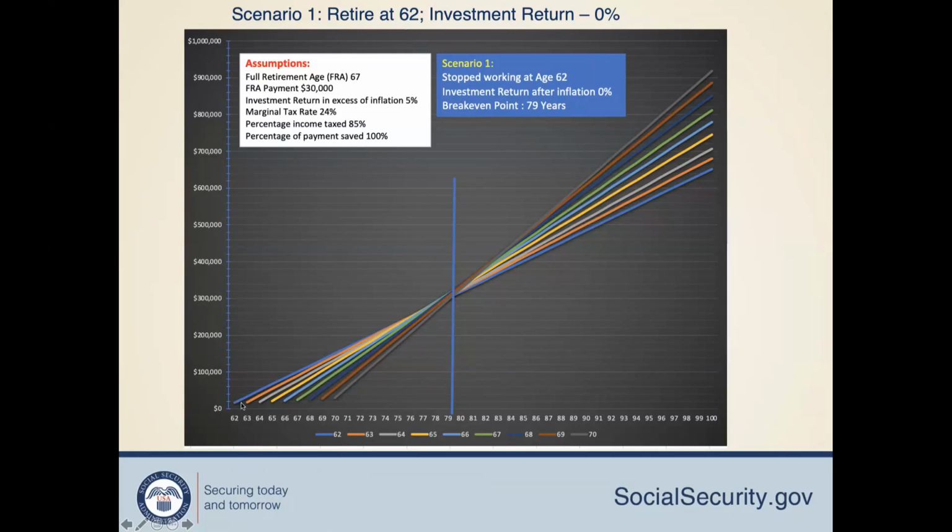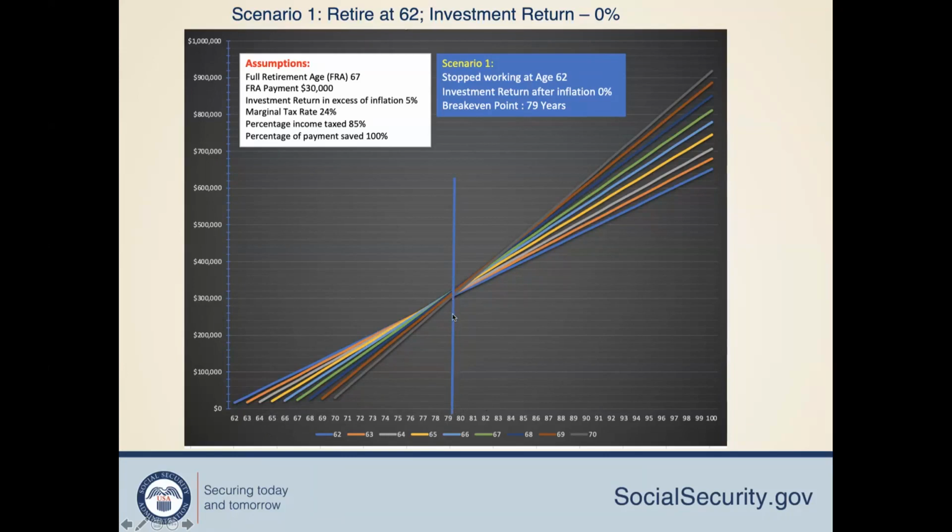This blue is 62, you start claiming at 62, and so on. So in my analysis, most of them coincide at 79. After 79, the later claiming is always better, assuming that you are not getting any interest out of the social security earnings. So 79 is the break-even point.